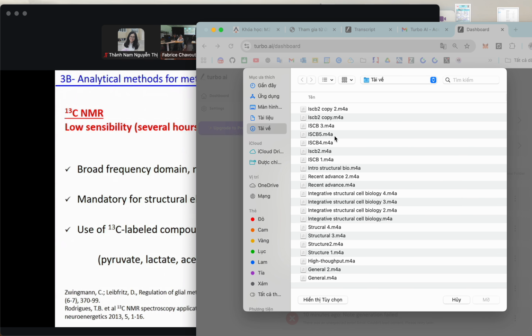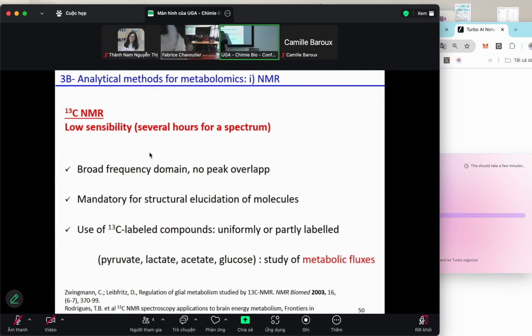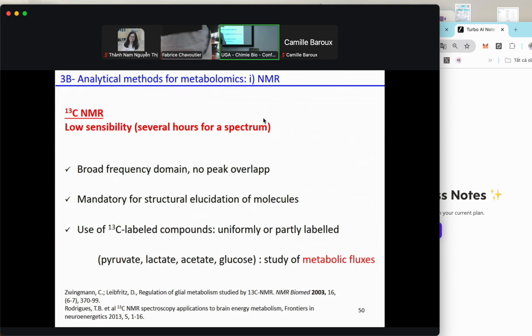If you give cells, for example, glucose labeled with C13, the cell will use this glucose, and so the C13 nucleus will be inserted into the products, into pyruvate, into lactate.